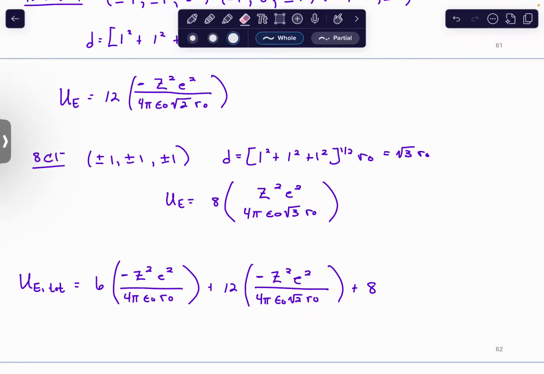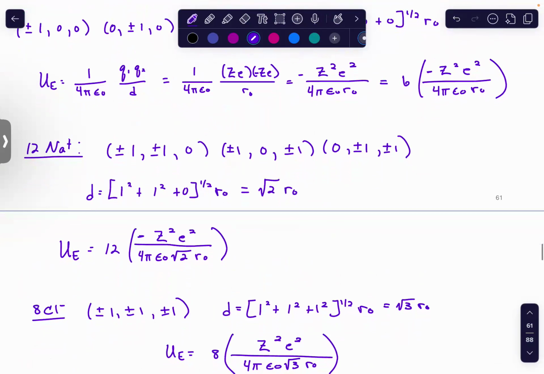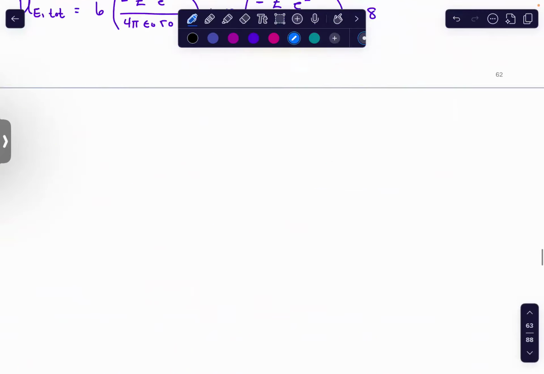No, not that negative sign. What mistake did I make? I want you to find it. Yep, I am removing that negative sign. Why did I remove that? On the sodiums? Yep.